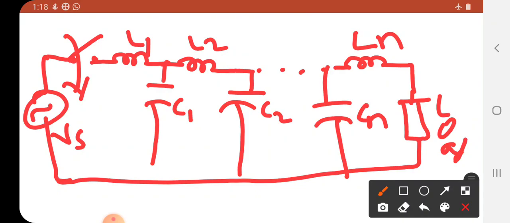Now it is desired to find the expression for the relation between the voltage and current waves traveling over the transmission line and their velocity of propagation.